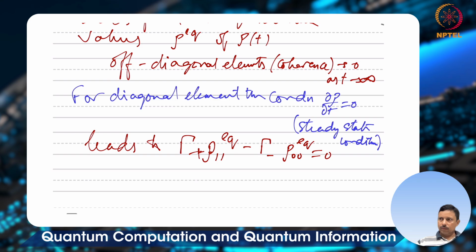In other words, rho 1 1 equilibrium by rho 0 0 equilibrium is equal to gamma minus by gamma plus.